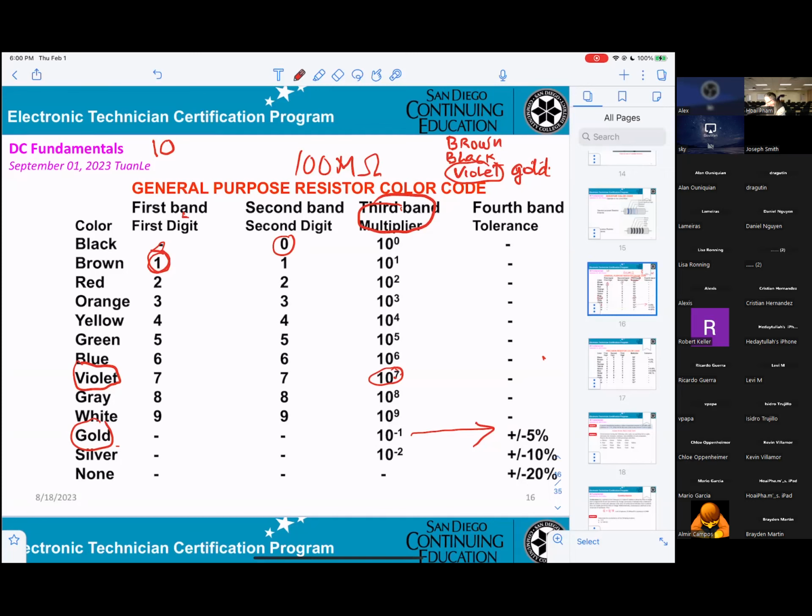Second, black, second band, you use the second digit. The next one for the multiplier is violet. Then you can get to this number. That's how you get that number. And the last one will be gold. Gold is the tolerance, plus or minus 5%. Okay?